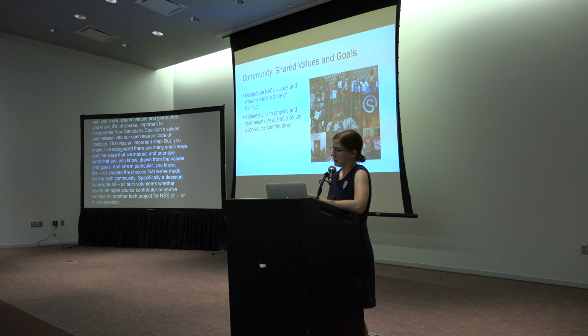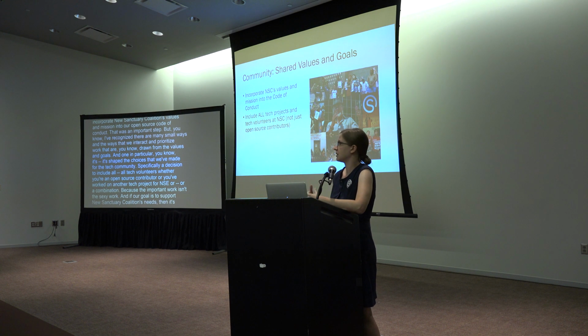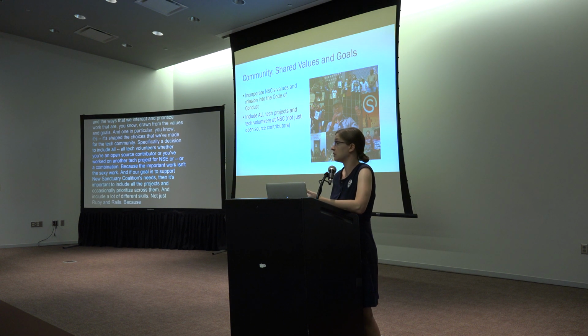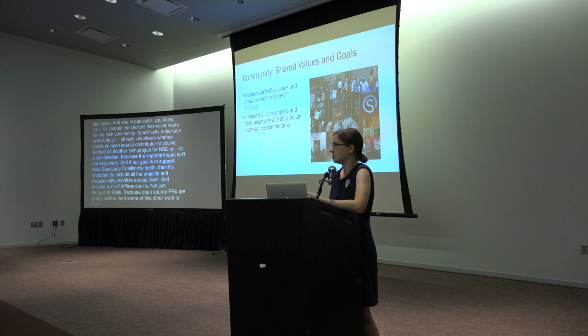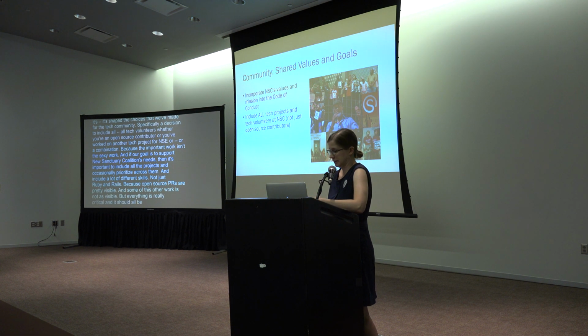Because the important work isn't the sexy work, and if our goal is to support New Sanctuary Coalition's needs, then it's important to include all of the projects and occasionally prioritize across them and include a lot of different skills, not just Ruby and Rails. Because open source PRs are pretty visible, and some of this other work is not as visible, but everything is really critical, and it should all be equally visible.